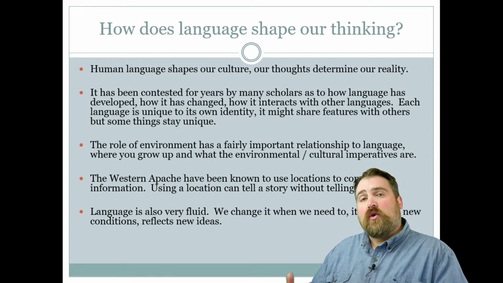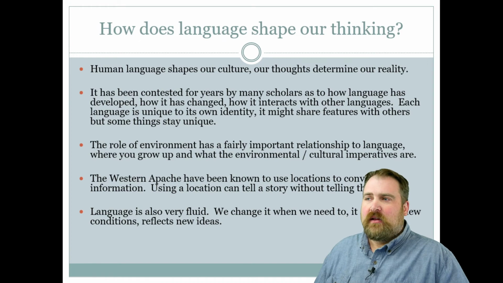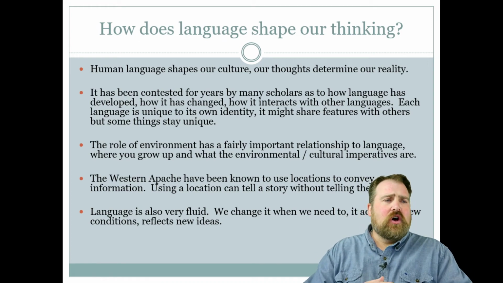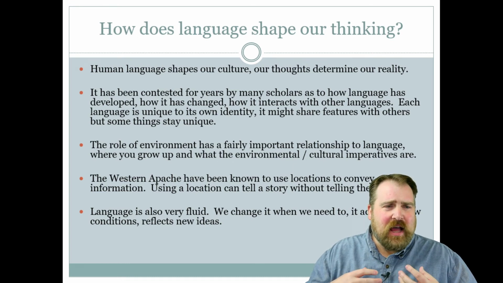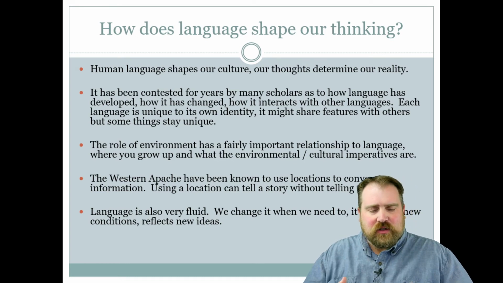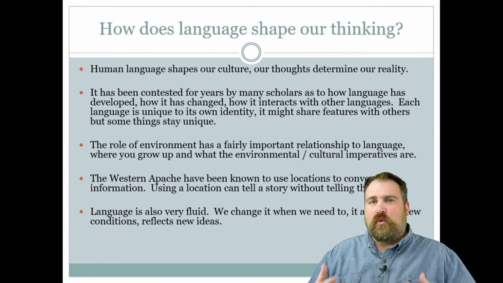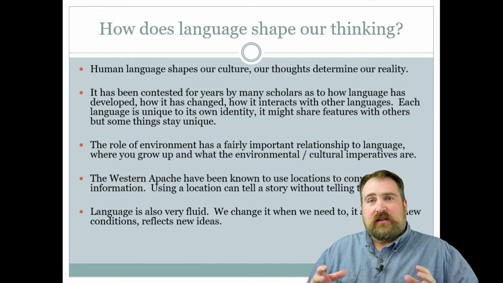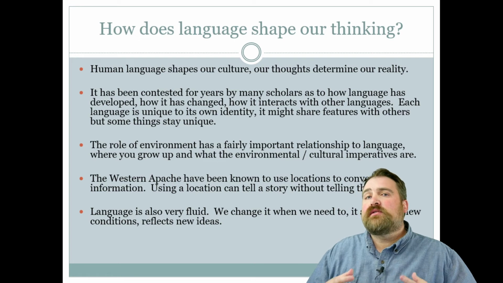If I don't, if I've got a very basic understanding of it, the complexity changes. So understanding how our language is so important in our understanding of the world. And that's how most cultures are, that their language determines their reality and what's important to them.